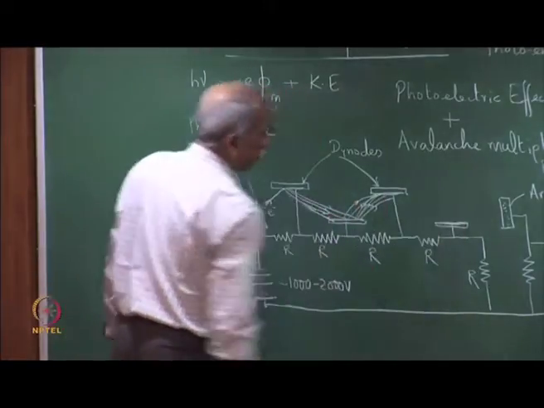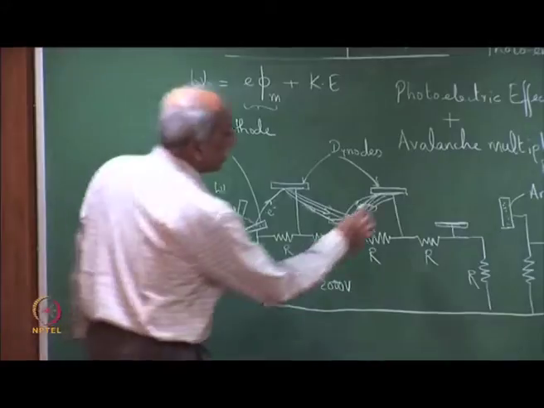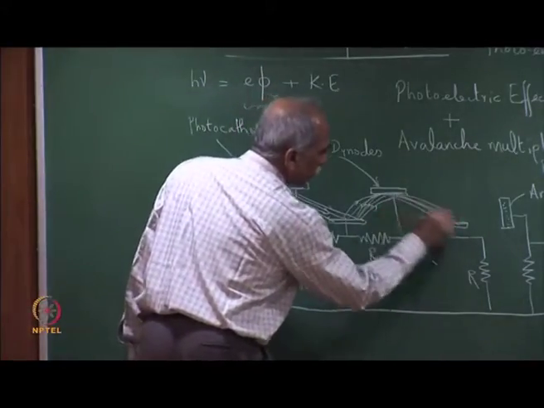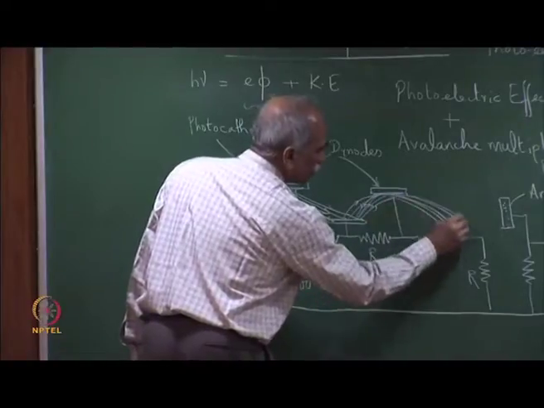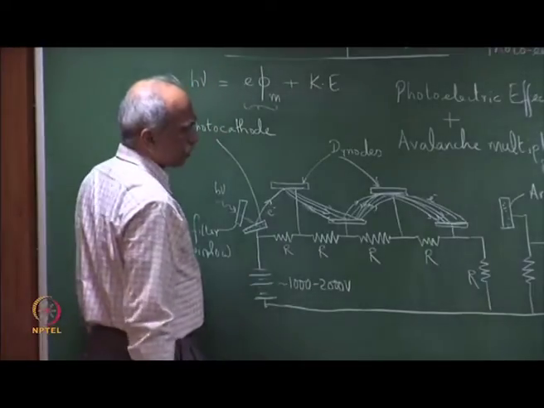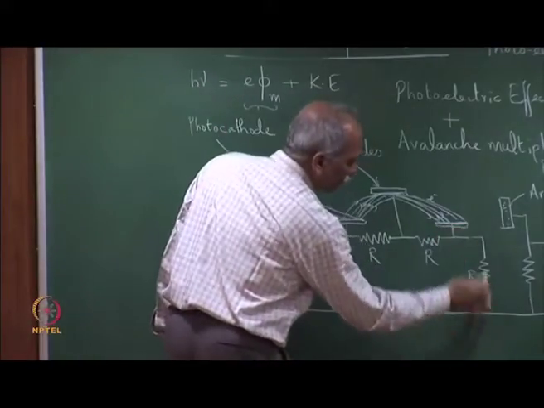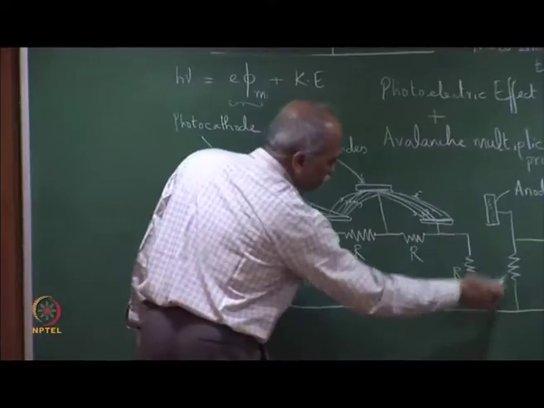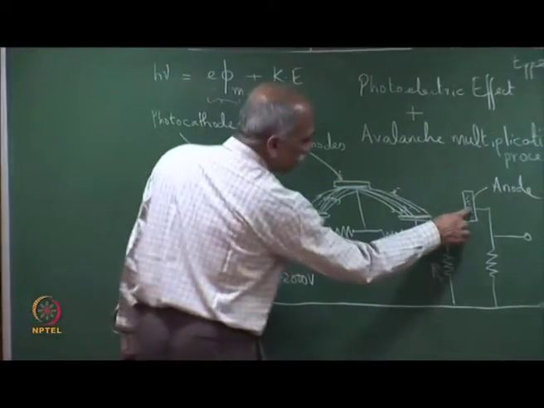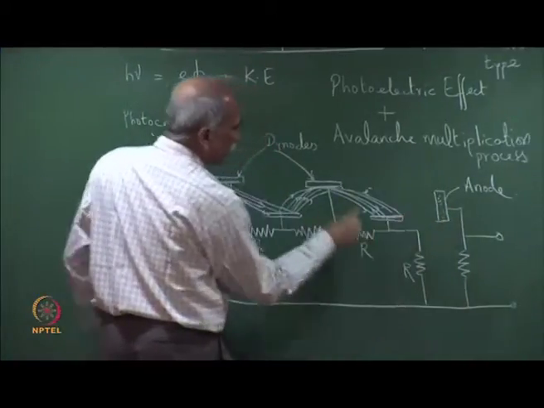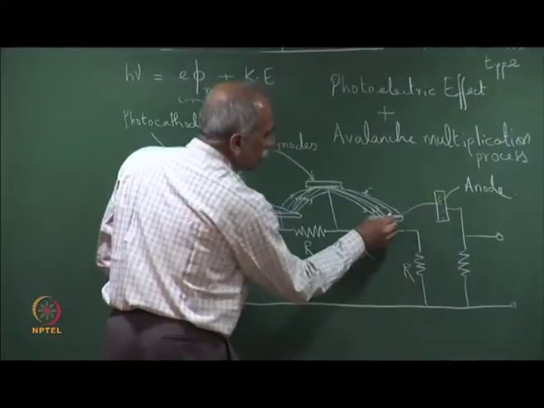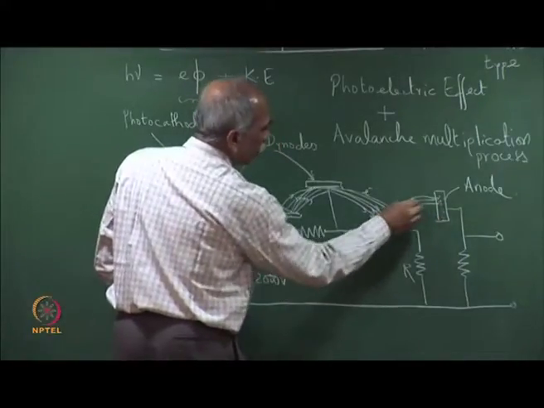Depending on the number of dynodes, an avalanche takes place. Let me illustrate further that the avalanche is taking place. These are all electrons released, which are finally collected. As you can see, this is at a certain potential and this is connected to ground or the common line, and therefore the electrons are collected at the anode.